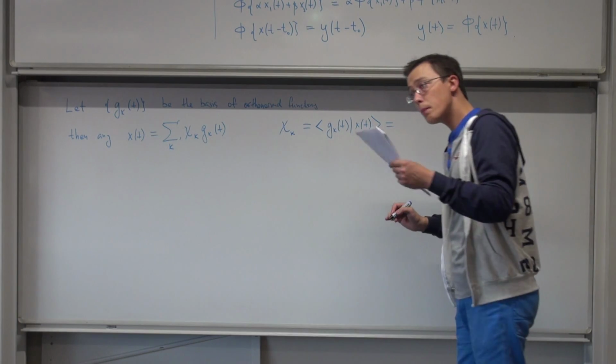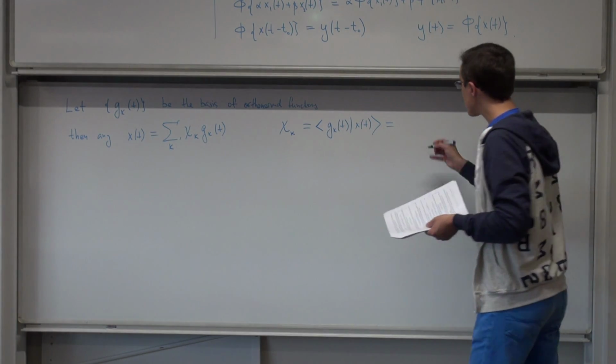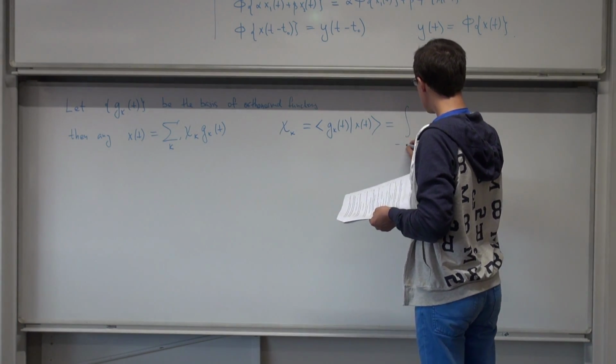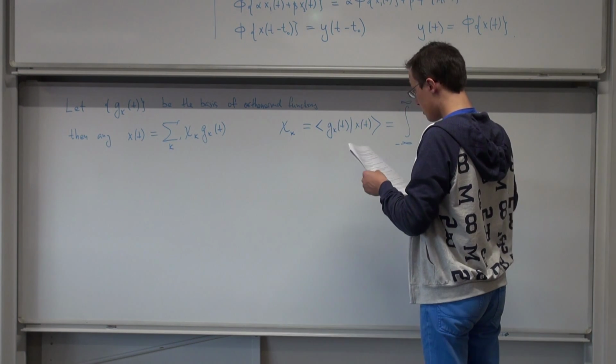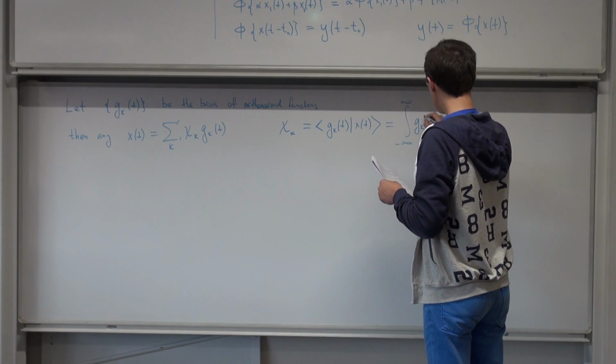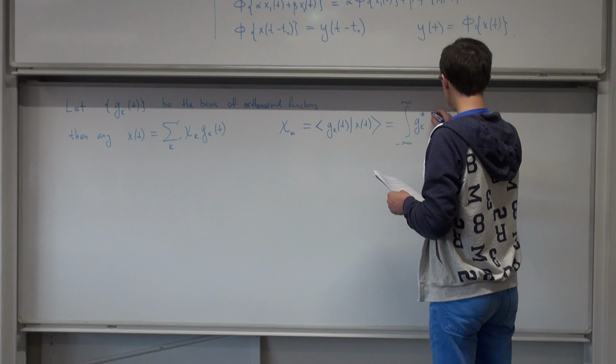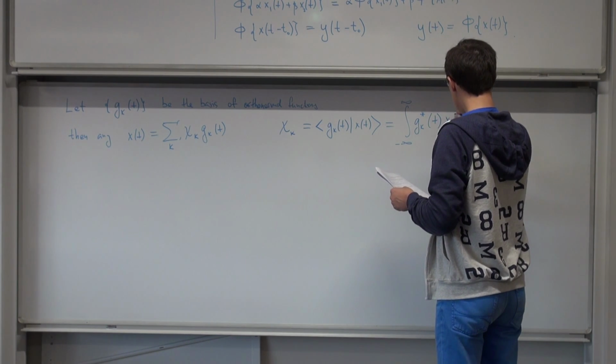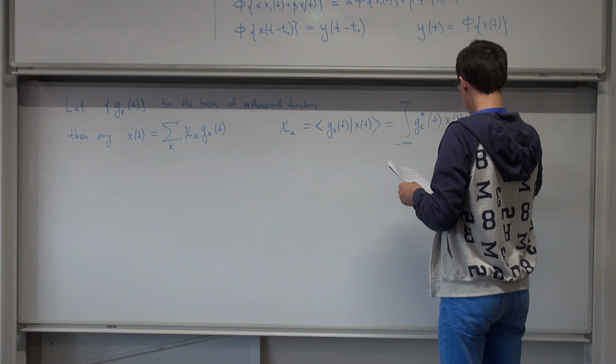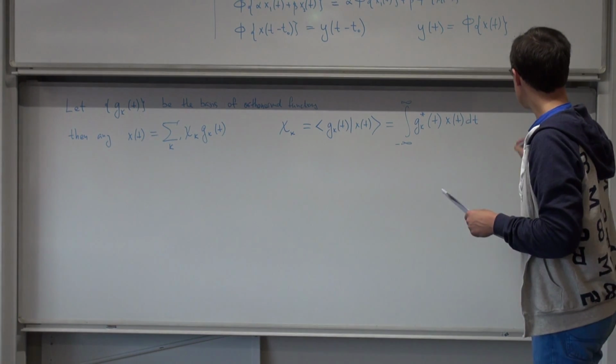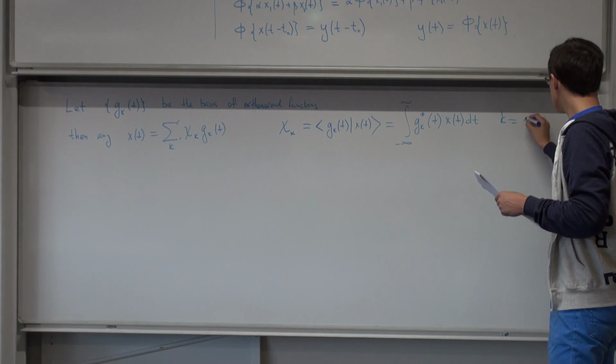Or if we choose a particular scalar product, so just the usual Hilbert space scalar product, it's an integral from minus infinity to infinity, g_k complex conjugate if it's complex, of t, x of t dt. And k is an integer.